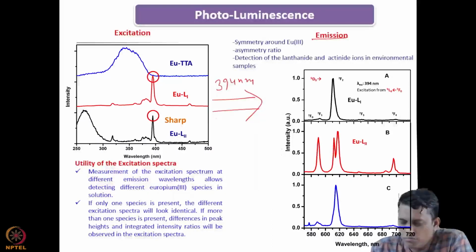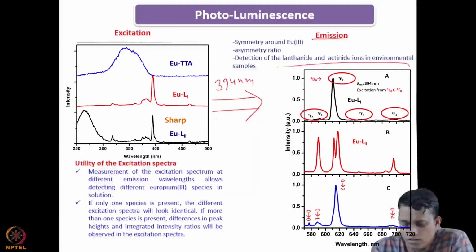So this is the direct information that we can get from emission spectra. But if we look very closely, we can see there are several transitions that I have marked here. You know that we start with 5D0, and we give transitions to 7F0, 7F1, 7F2, and all these transitions are marked here.